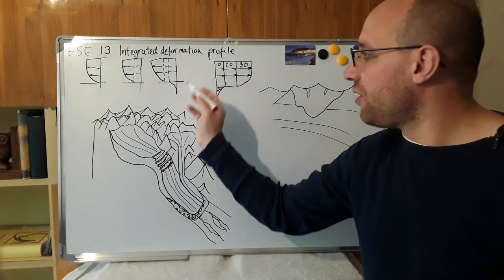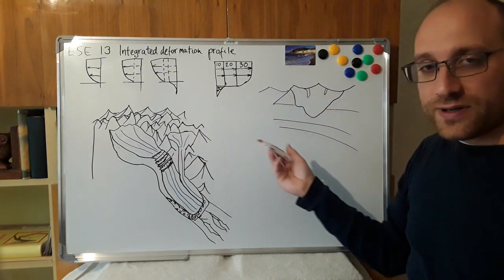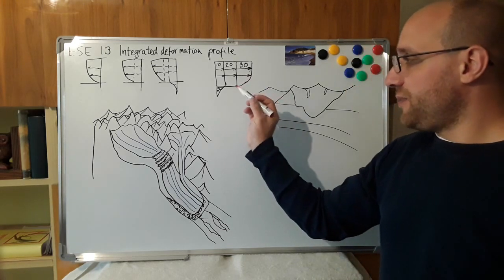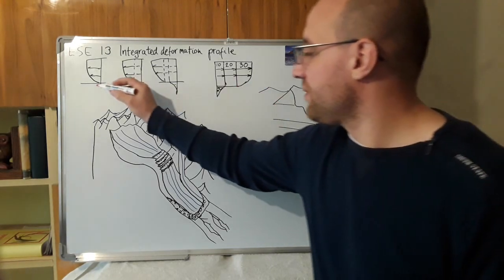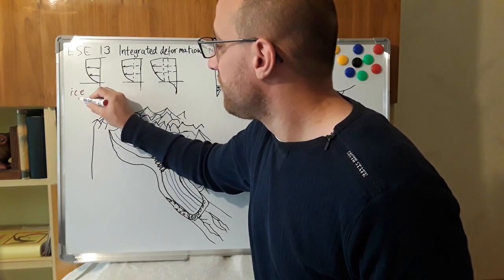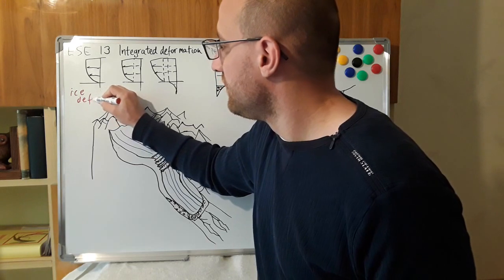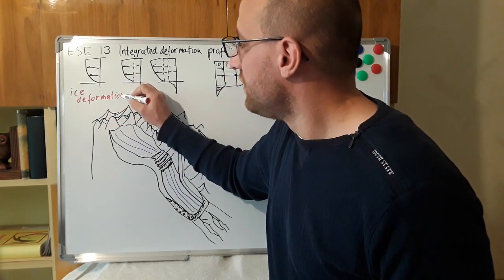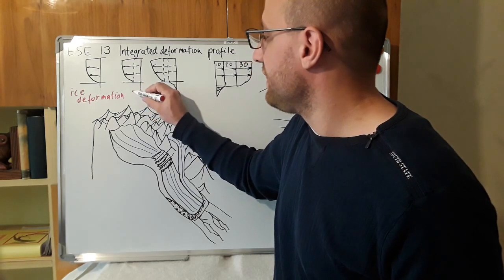And depending on whether these exist, what kind of ice mass we're talking about, then the integrated deformation profile will be different. So I just put here, this is the ice deformation. This is the basal sliding.